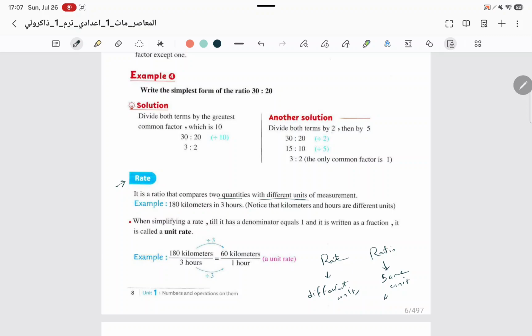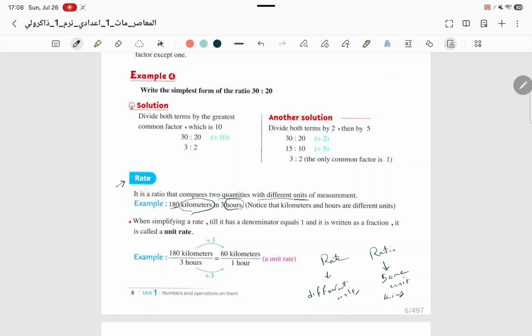Okay, so this is the difference between the ratio and the rate. For example, here he said 180 kilometers in 3 hours. So kilometers is a unit, hours is a different unit, and the rate is like that.